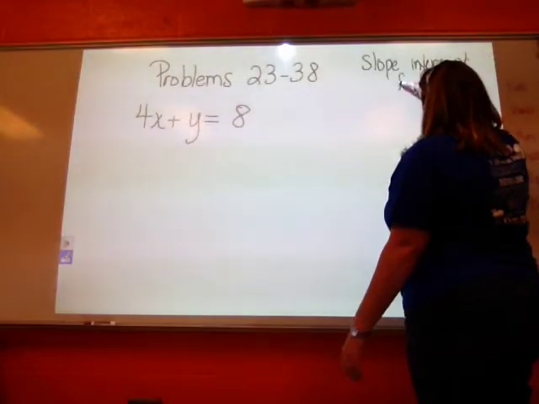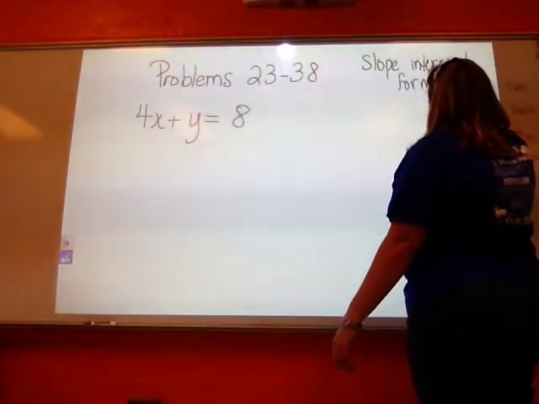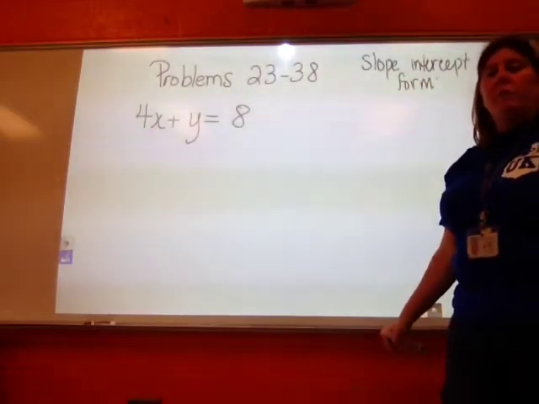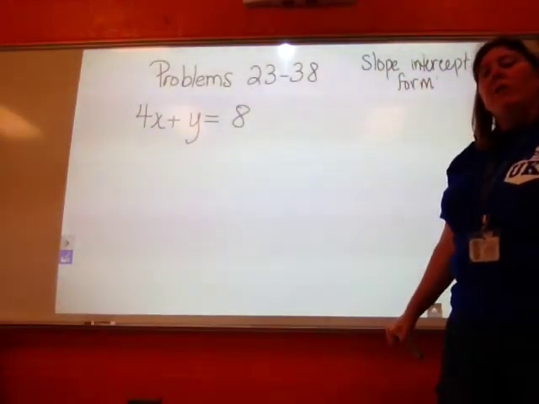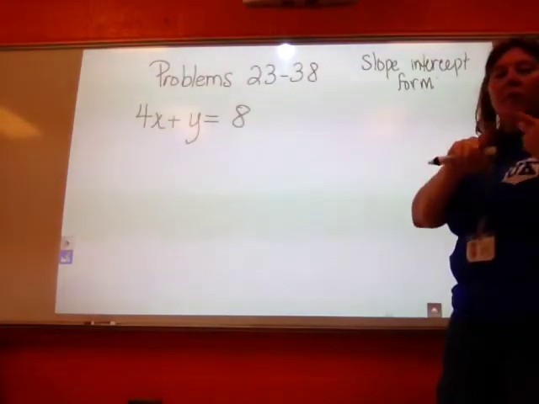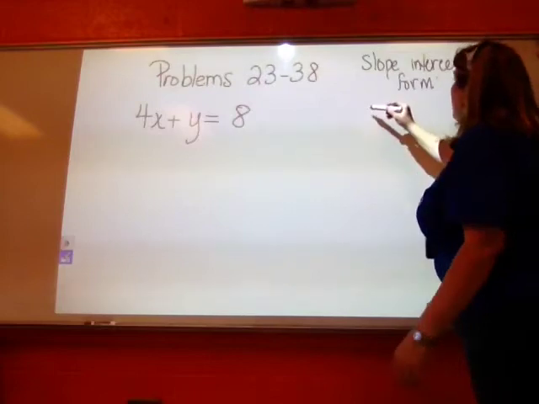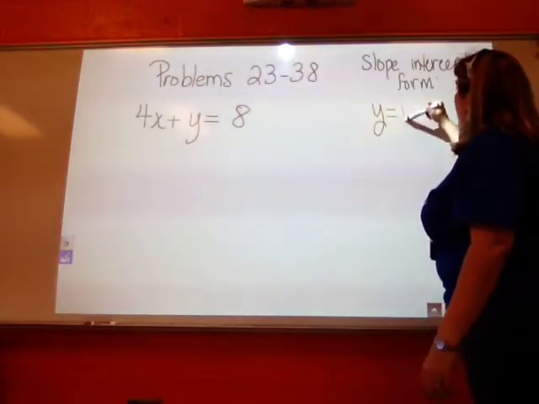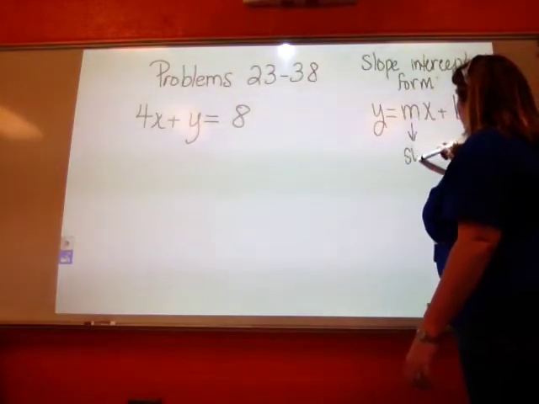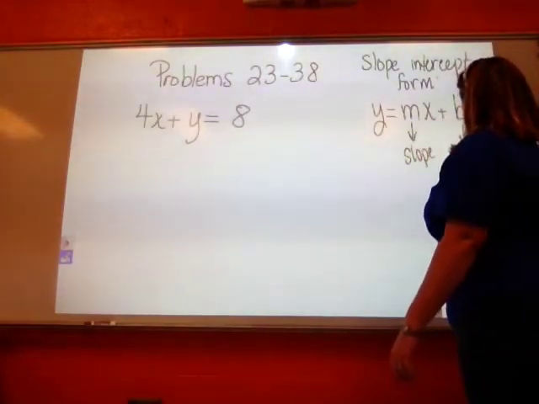If solving equations is the number one most important thing you need to do to survive Algebra 1, the second most important thing is being able to write an equation in slope-intercept form and graph it. So remember, slope-intercept form is y equals mx plus b. M is your slope, and b is your y-intercept.